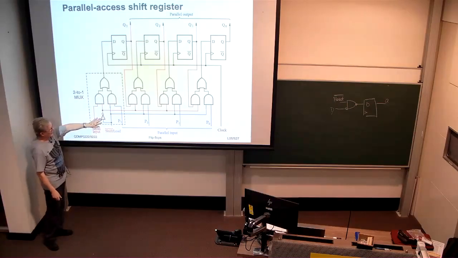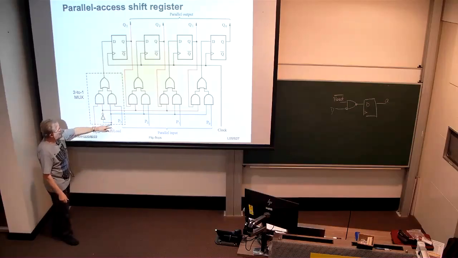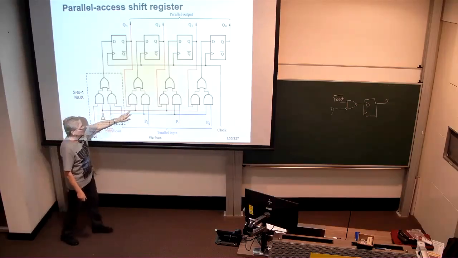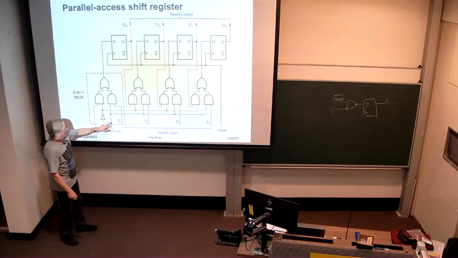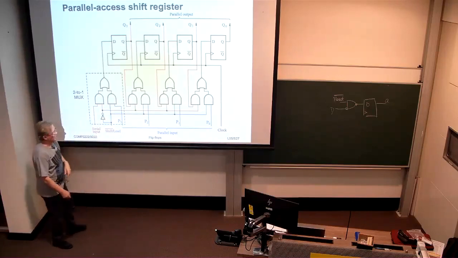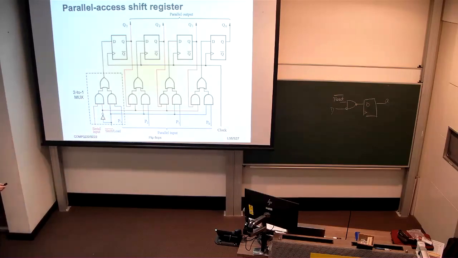They're all sharing this shift load input. That's the inverted version, is the red line. The blue line is the not inverted input. And so each collection of 2 AND gates and an OR gate represents a 2-input mux, a 2-to-1 mux, as input to the corresponding flip-flop.